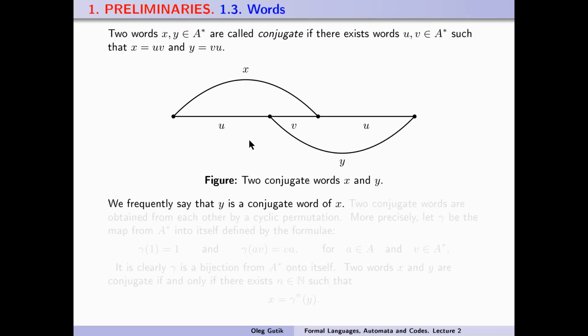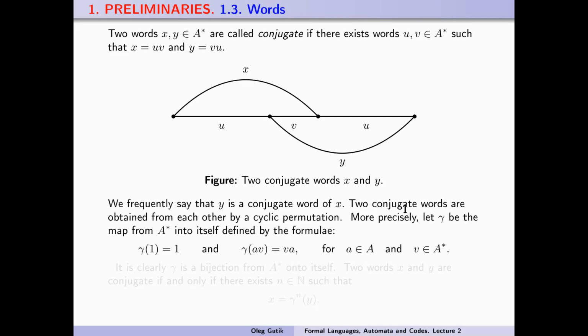In this case, we frequently say that y is a conjugate word of x. Two conjugate words are obtained from each other by cyclic permutation.